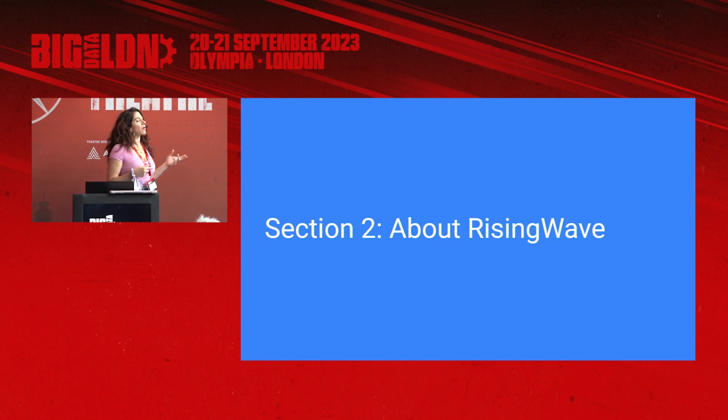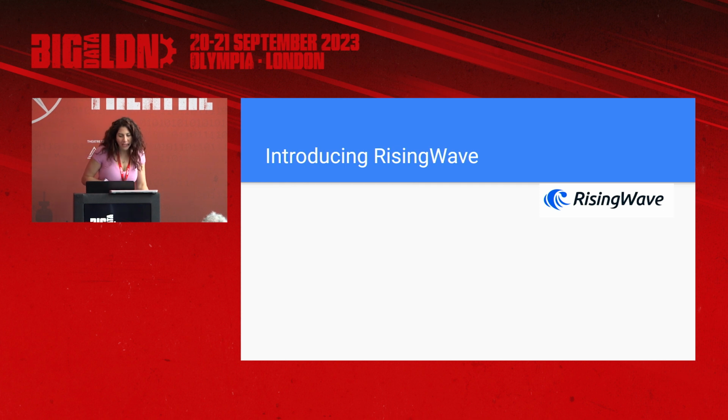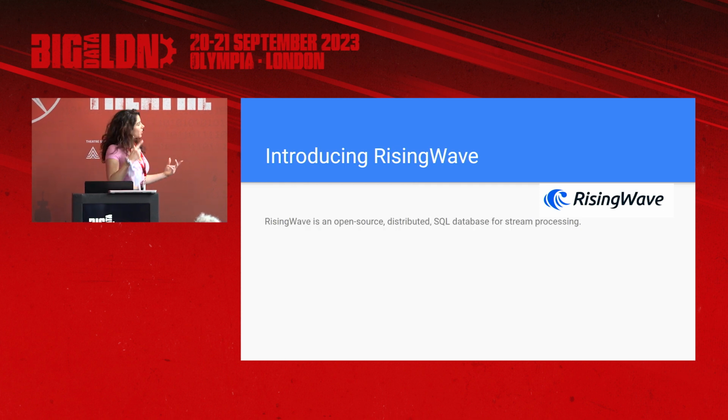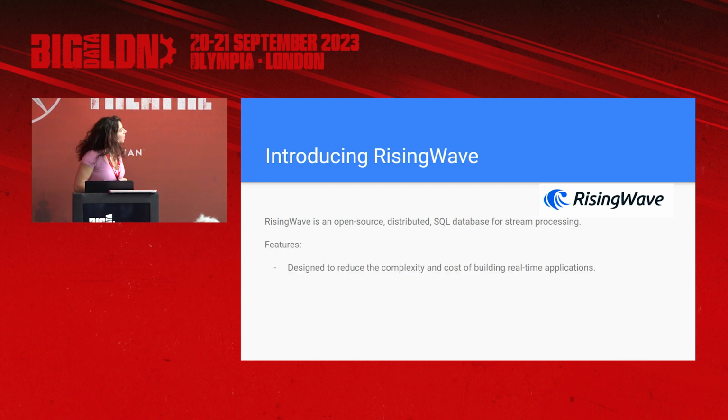So I'll talk a little bit about Risingwave because we will be using it for this example. Risingwave is an open source distributed SQL database for stream processing. It's basically designed to reduce the complexity and cost of building real-time applications.